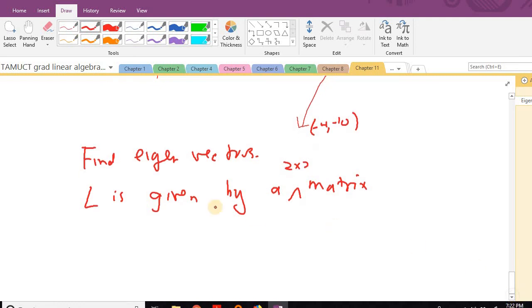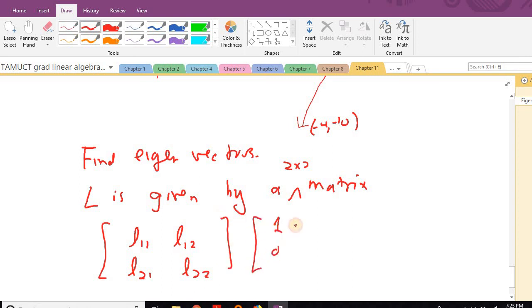So let's just call it L11, L12, L21, L22. And if I multiply that by (1, 0), I get (-4, -10). So what does that tell me about these coefficients?